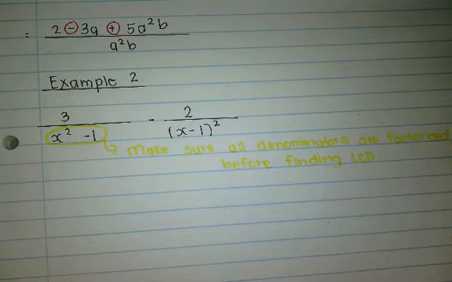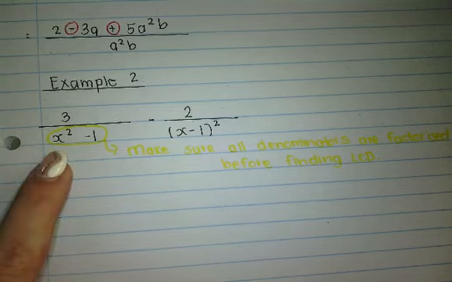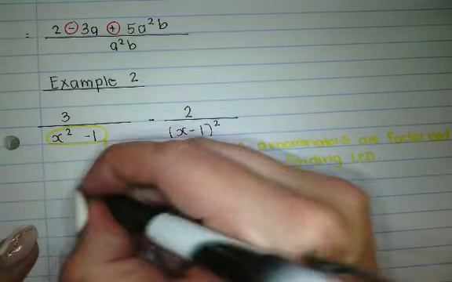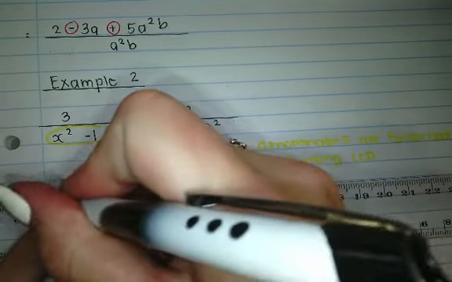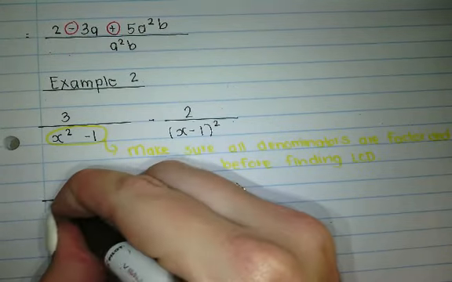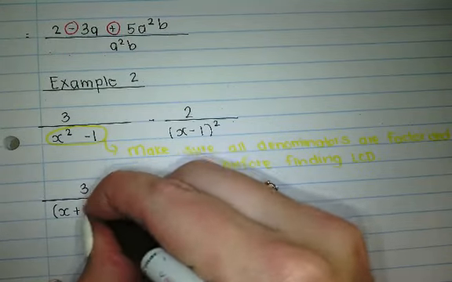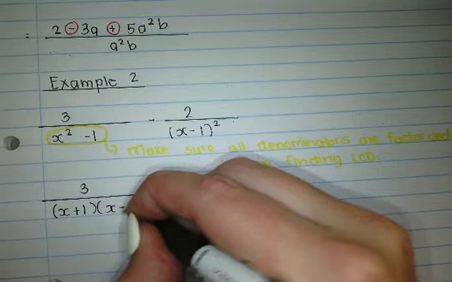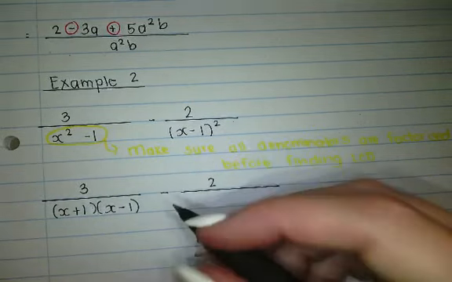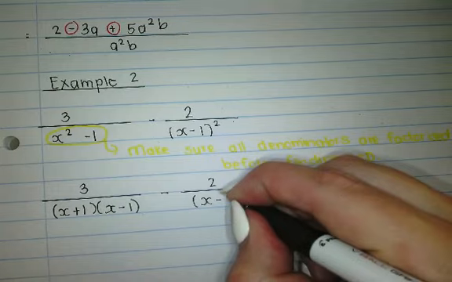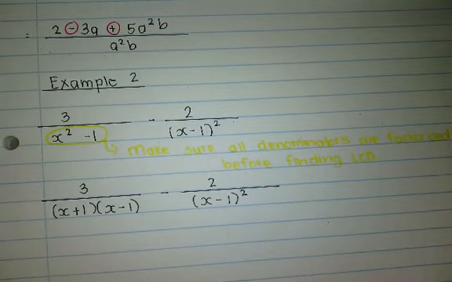Okay, are we fine? So we know that this is dots now, correct? So this is going to be 3 over x plus 1, x minus 1, minus 2 over x minus 1 squared. Are we good?